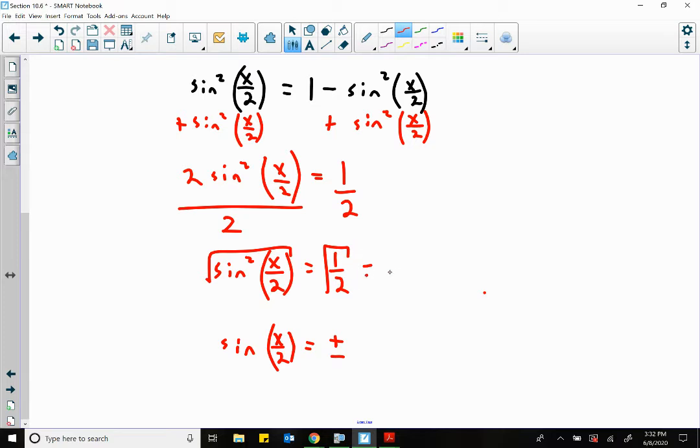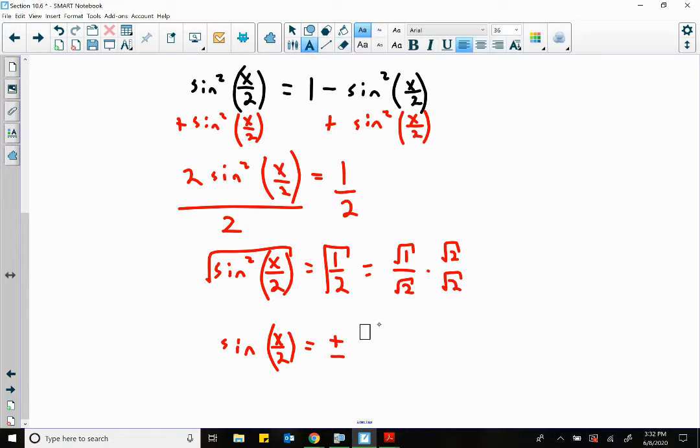And then remember, we talked about we don't have a fraction under a radical. We split it up. And then you're going to have to rationalize. So this whole side becomes the square root of 2 over 2.